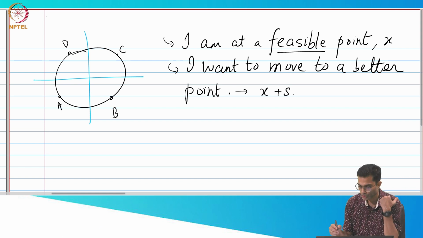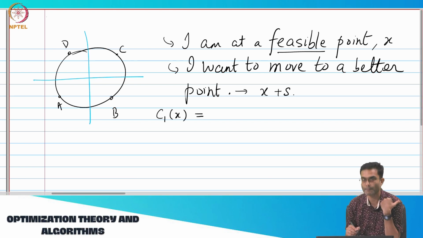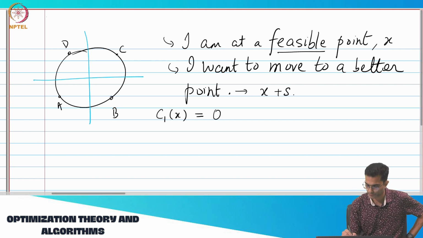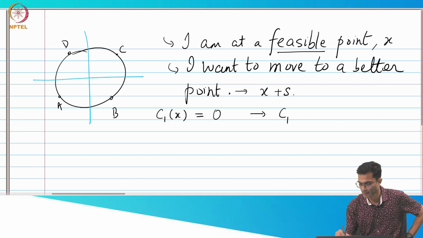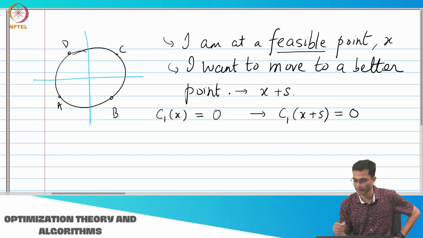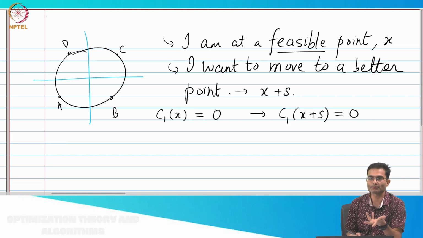So, what is the value of C1x? 0, because I am at a feasible point. I have moved to a new point x plus s. What will C1 be? It has to also be 0, because I am only going along feasible points. So, this is already telling me something that should happen.